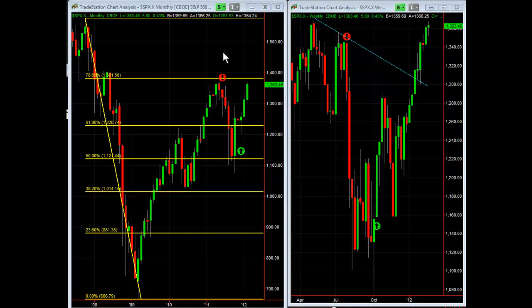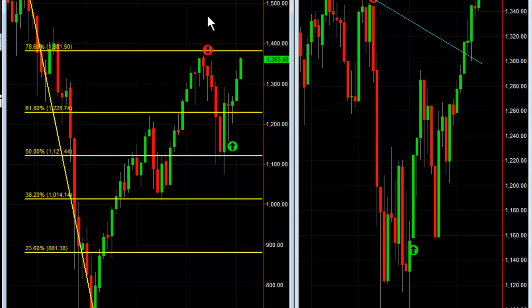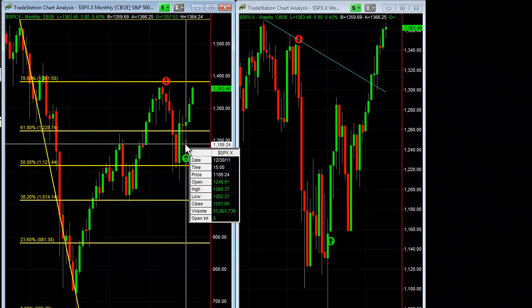Now, the power cycle trading model actually went short the S&P 500 back in June, end of June of 2011, and caught this top of the market and had this move all the way down to the bottom, and it just turned back to the upside, and now the trend is back up. The macro trend turned up right here in December, the end of December 2011.